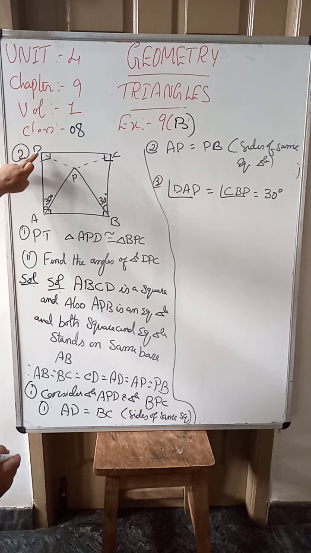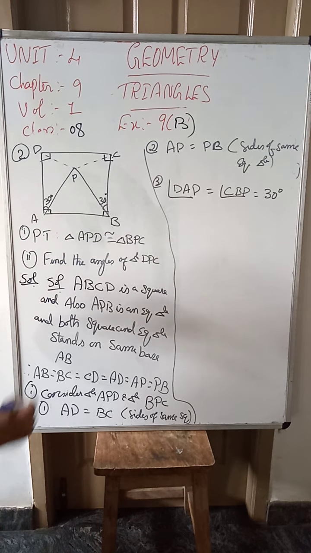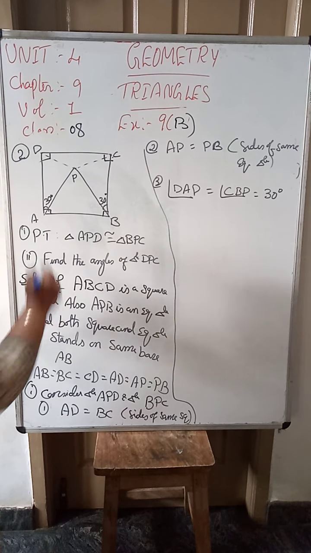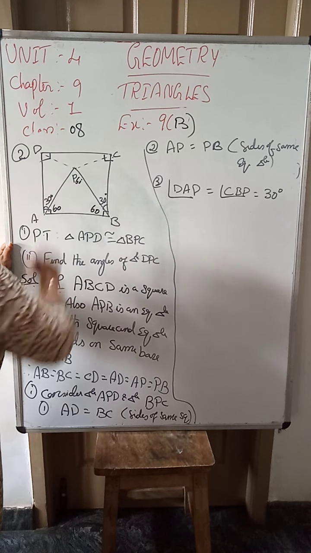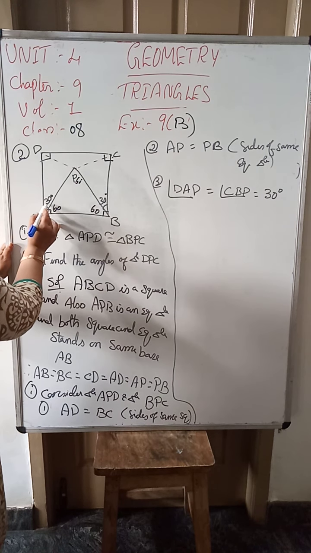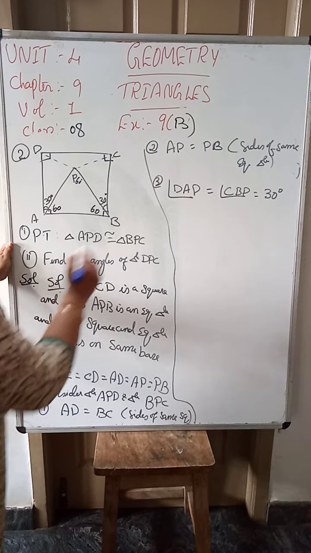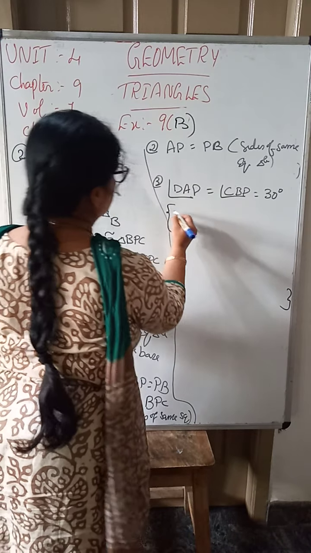Now we come to know that DAB is 90 and CBA is 90. And also in an equilateral triangle, all the angles are 60, 60 and 60. Now 90 minus 60 gets you 30. Here also 90 minus 60 gets you 30.